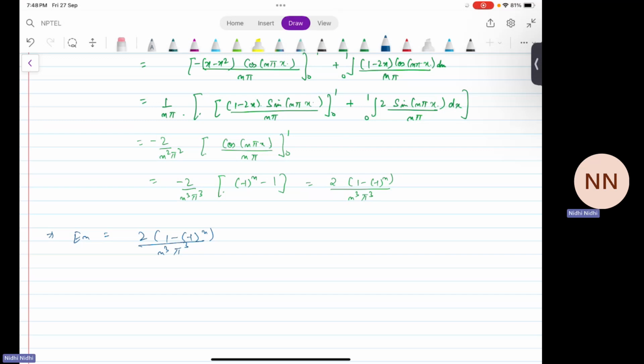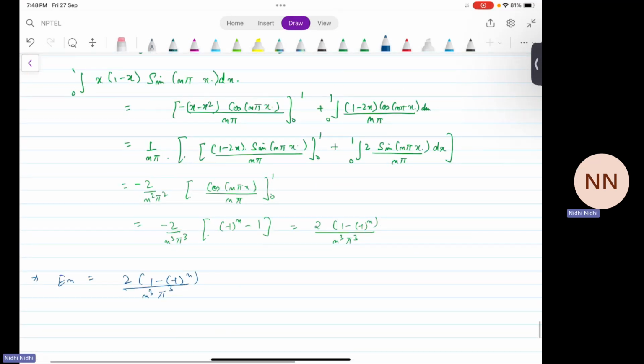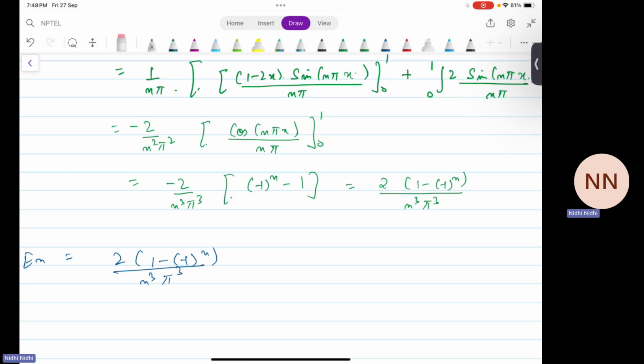And the denominator term is 1 by 2, so this is 4.